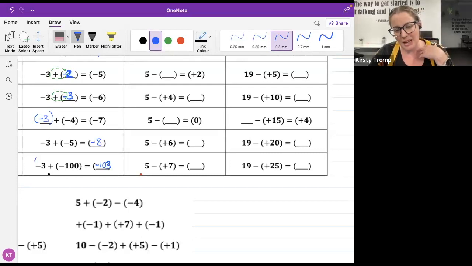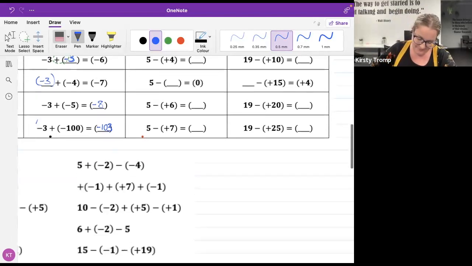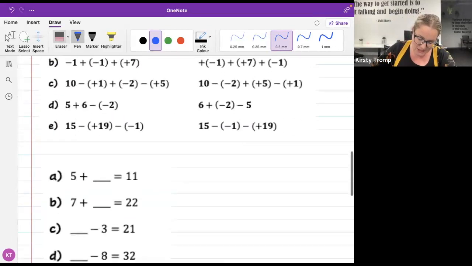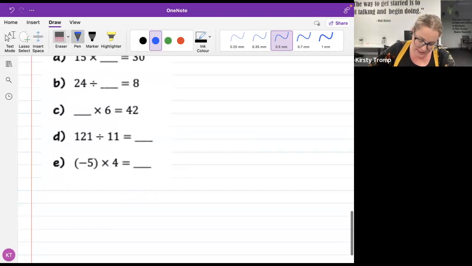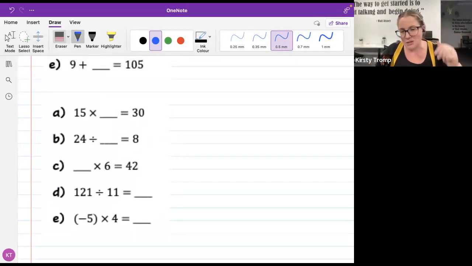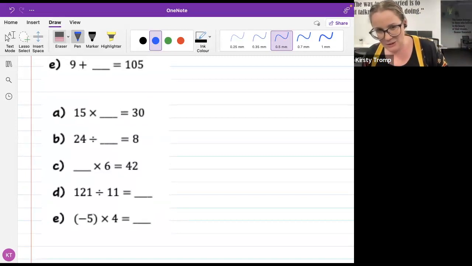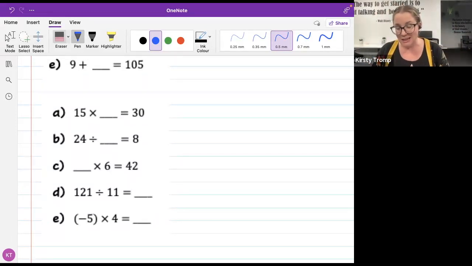Hi, ma'am. Hi, what's your question? Ma'am, if we ever got to a point where we have to divide integers, how are we going to divide them? Okay, so that was going to be later on in our lesson today. If you're dividing by integers, you'll only do that next year in grade 8.